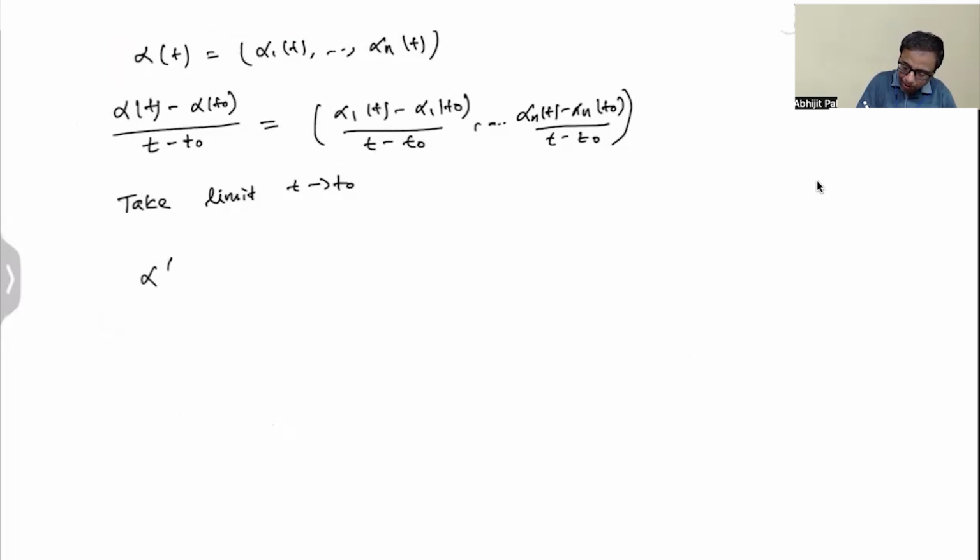So alpha prime t naught is equal to (alpha 1 prime t naught, ..., alpha n prime t naught).